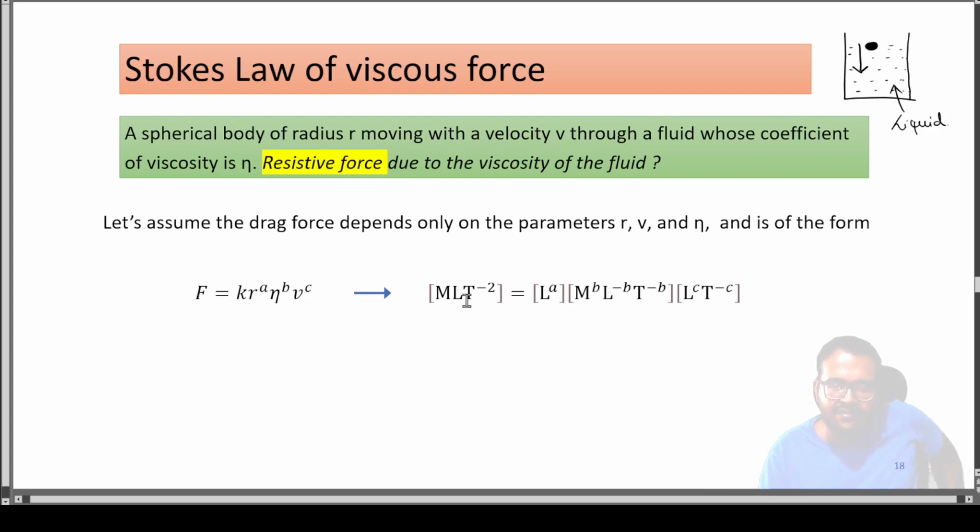I write the dimension of force here, M L T to the power minus 2. That should equal L to the power a. Where does this L come from? It comes from the dimension of r, the radius of the particle.